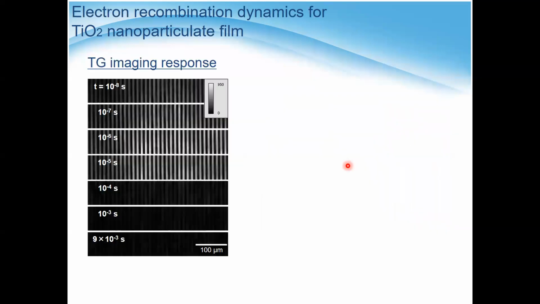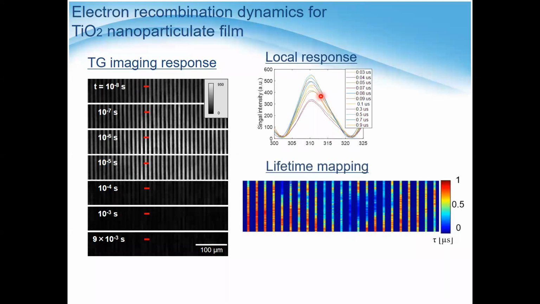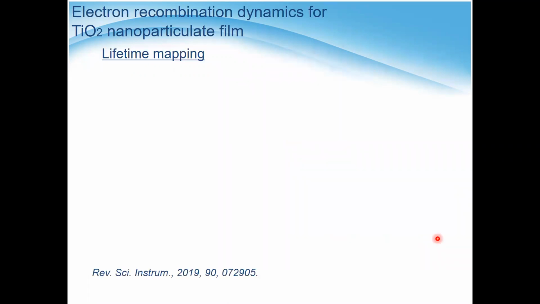And what we did is here's a TG imaging responses, right? And we could obtain the many different local responses like this. And by using the data assimilation, we can obtain the lifetime mapping for this sample. And it shows a very strong dependence on the sample position.